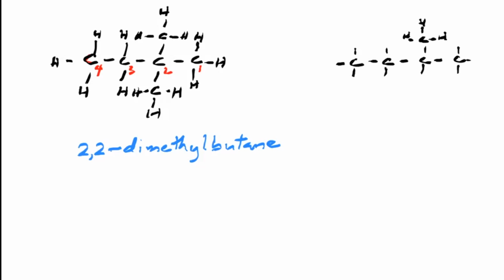We could put one over on carbon 2 or carbon 3, depending on which side you're counting from. Of course, the longer the chain, the more structural isomers you'll have. So let's count. Whichever way we count, we can count from this side as well. 1, 2, 3, 4.